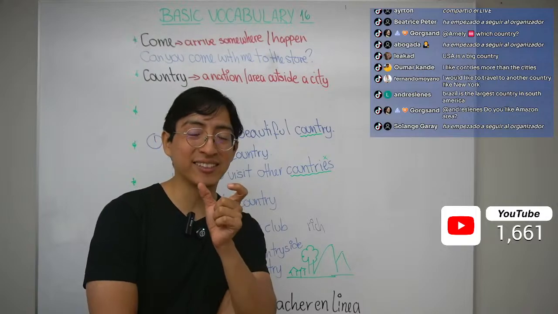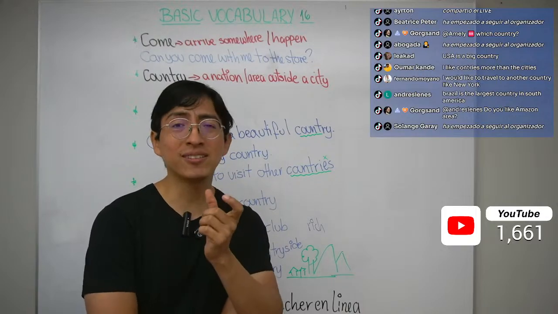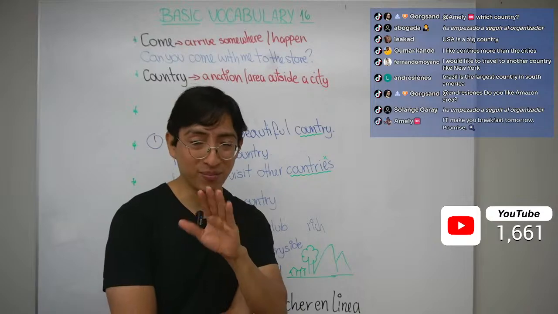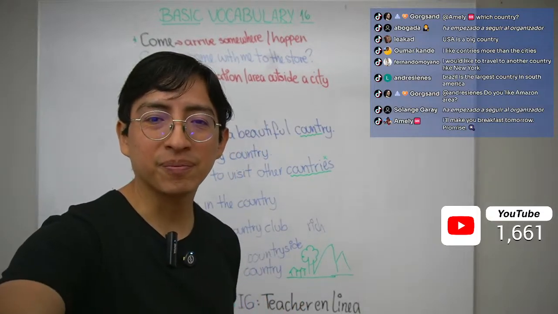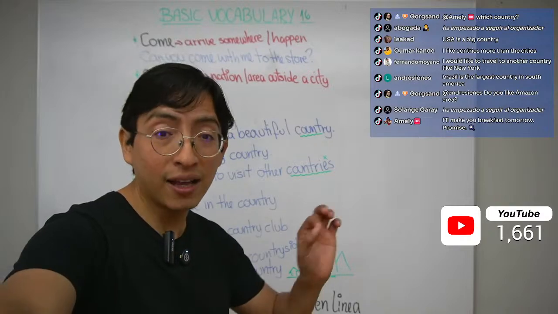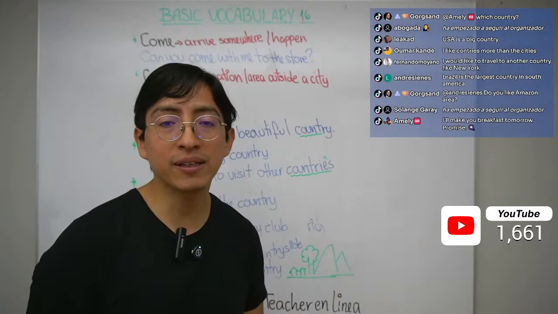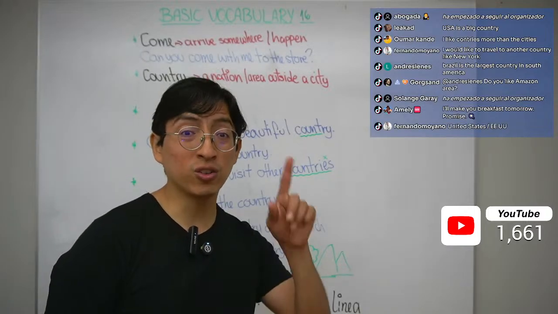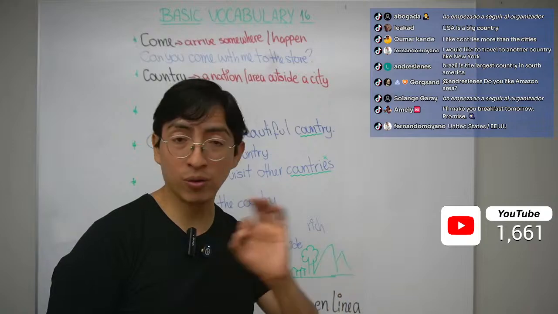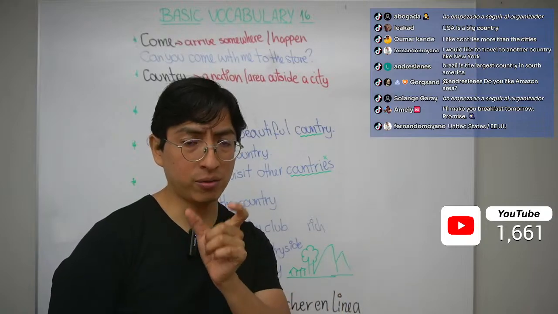The US is a country. New York is a city. Be careful with that. What else? What else do we have here? The USA is a big country. Look at, you have to use the USA. We always use the article the.